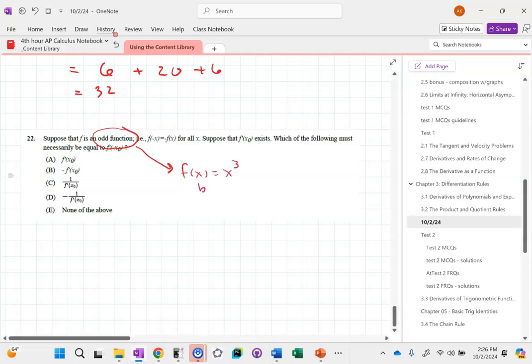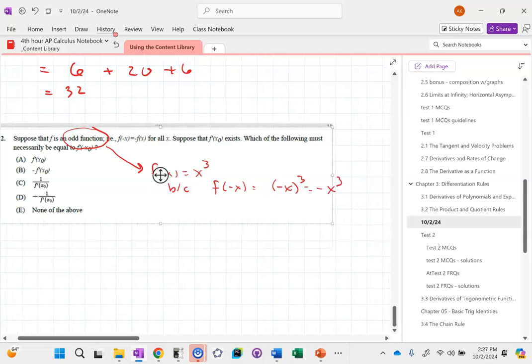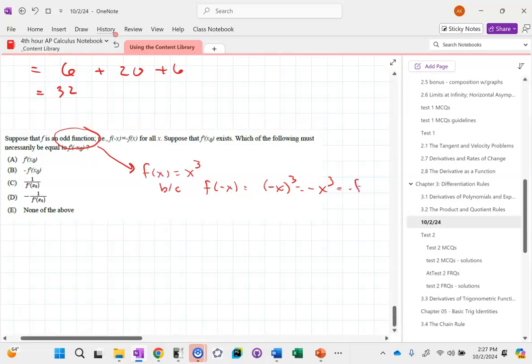And I know that's right because f of negative x, and if I multiply three negatives together, I get a negative. And that's the same thing as negative f of x, right? So if I do the derivative of x cubed, what do I get? 3x squared.